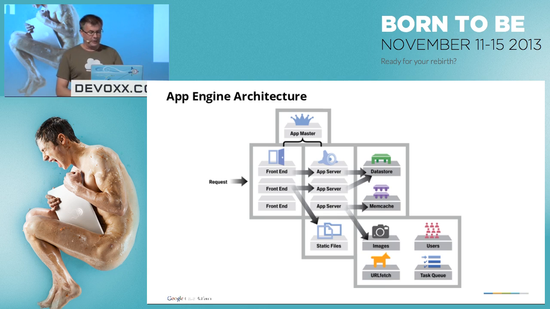One thing I did not talk about is static files. You have seen the CSS that has changed. The static CSS is not served by the Java runtime. It is served by the content delivery network from Google. So all HTML, JavaScript, CSS files and images will be served by the best network on Earth, basically.